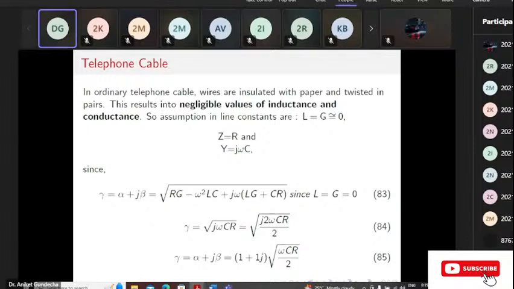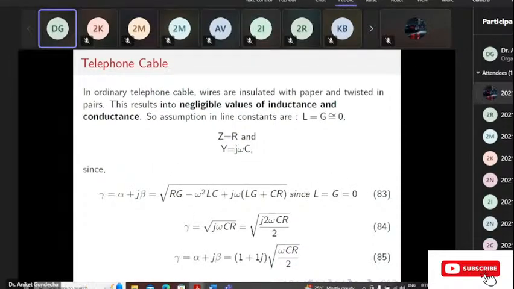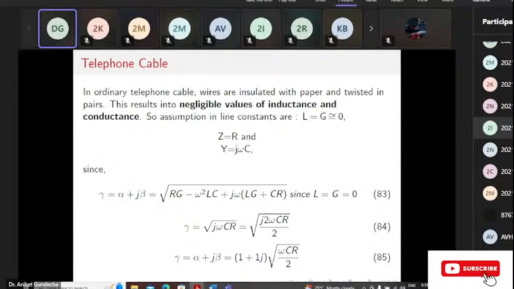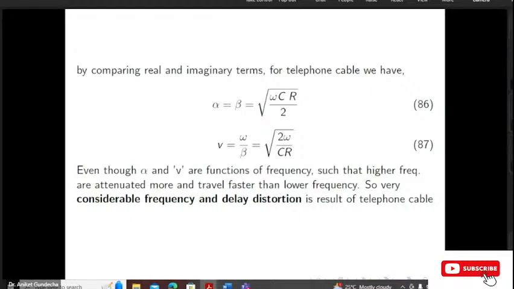So for telephone cable, see what the condition is, put that condition in the generalized expression of alpha and beta and write down the values for alpha and beta. If you see here, alpha equal to beta equal to root of omega CR by 2. So you just put L and G equal to 0 in the generalized expressions for alpha and beta, and you will get this condition for telephone cable.